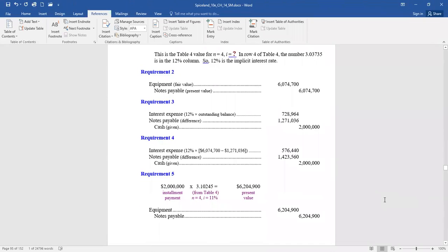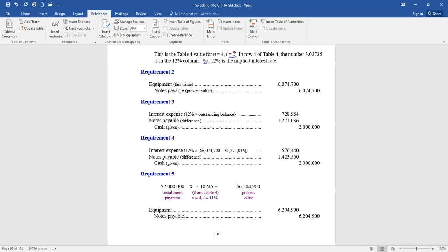Now, in the final calculation, they said assume instead the market value was unknown at the time of purchase, but you do know the market interest rate for similar notes is at 11%. So in this case, we don't know this like we did in the first scenario. So we will calculate the best we can what the fair value of the equipment is by taking present value of an ordinary annuity for 4 periods at 11% interest.